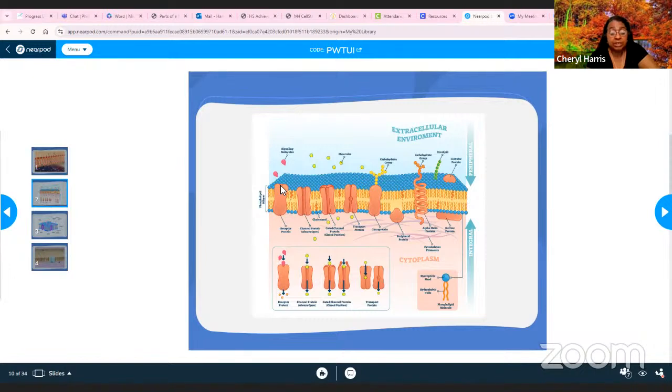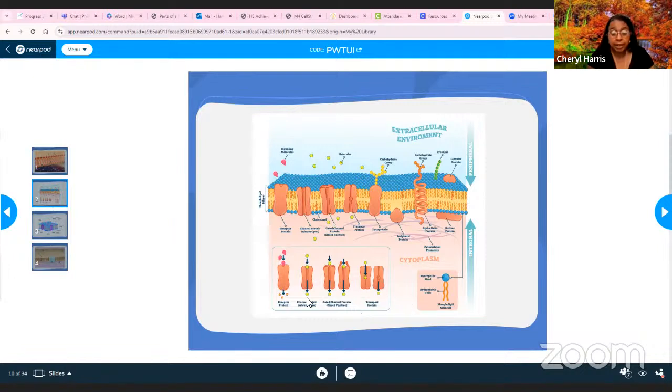If it fits on the receptor site, it will let it in. If it doesn't fit, it won't. So it is still selectively permeable. That's another word we need to remember, selectively permeable, which means the cell membrane selects what it wants to let in and what it wants to let out.